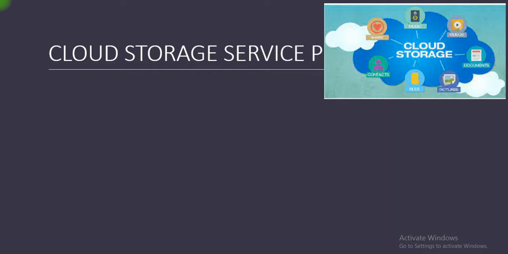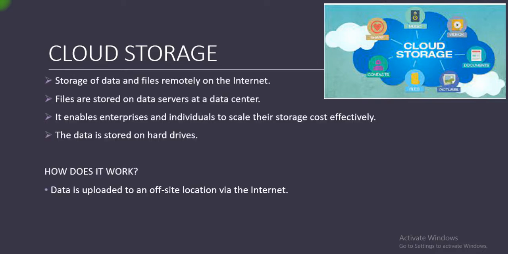Let me leave the rest for the last slide. But let me just say here that when we store files online, the files are actually stored off-site. Off-site meaning that they're not stored at the primary location where you may be working from.